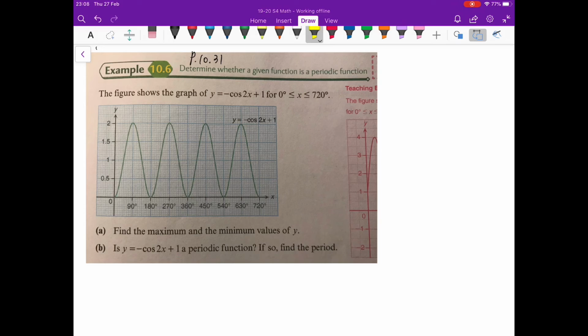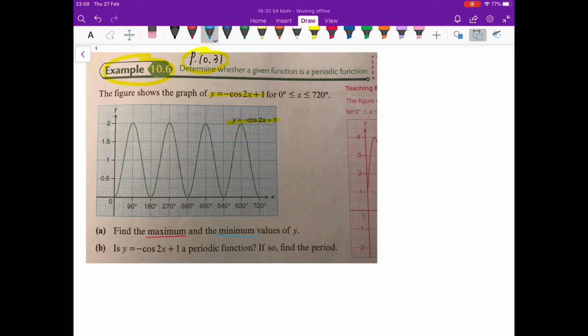So now I'm going to talk about example 10.6 in your textbook, page 10.31. The figure shows you the graph of y equals negative cosine 2x plus 1. I highlight it with a yellow color. For part A, it asks you to find the maximum and the minimum value.